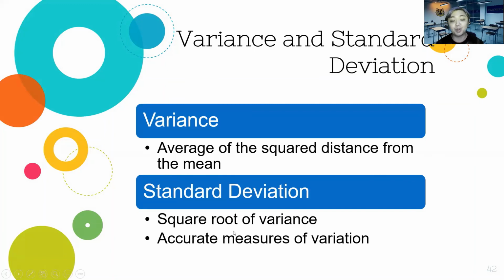Kasi nga, square root of the variance siya. Okay? These two are accurate measures of variation. Kasi nakikita talaga natin gaano kalayo yung isang score or isang data from the mean of the data. This means that we have to get the central tendency of the data, most specifically, the mean.